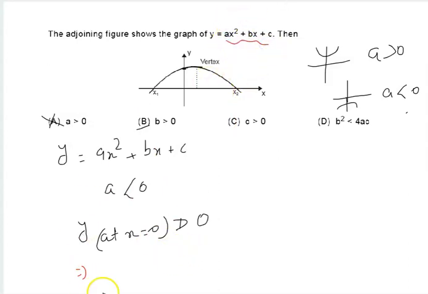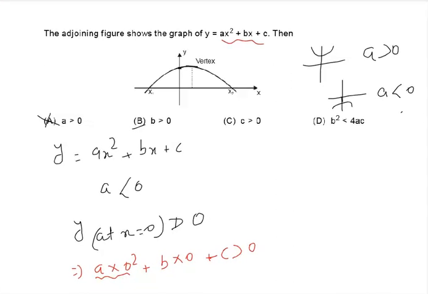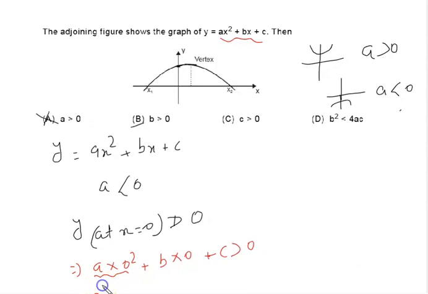So we can write here a into 0 square plus b into 0 plus c is also greater than 0, right? So this term becomes 0, this term becomes 0, plus c.